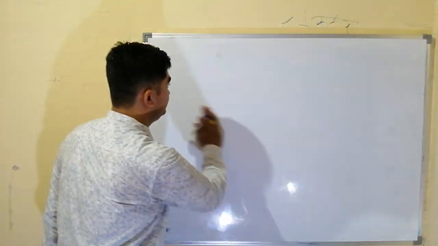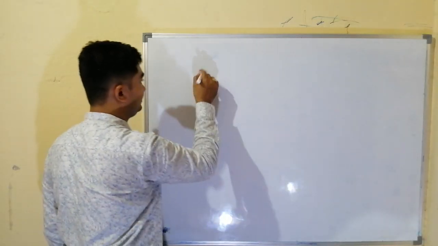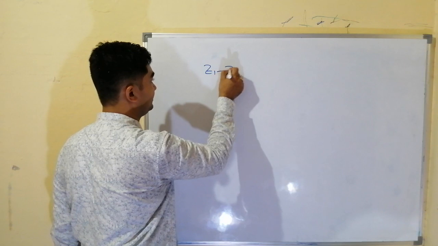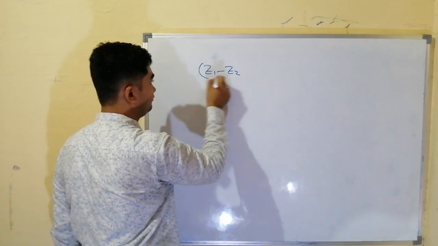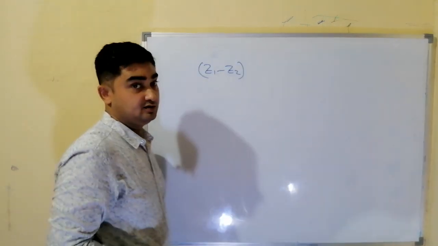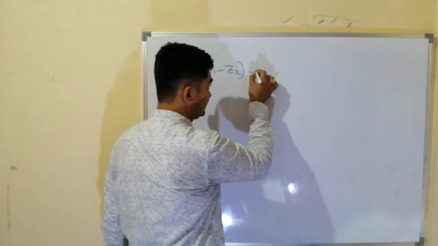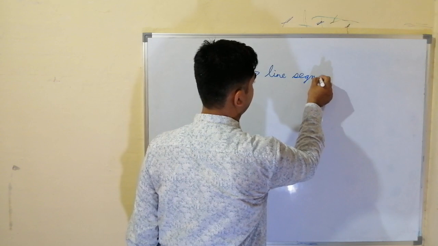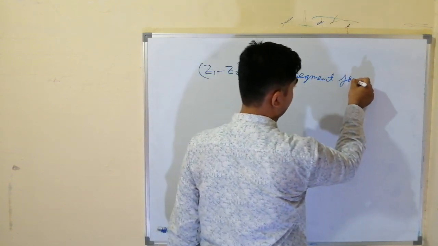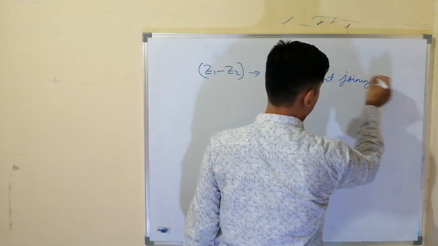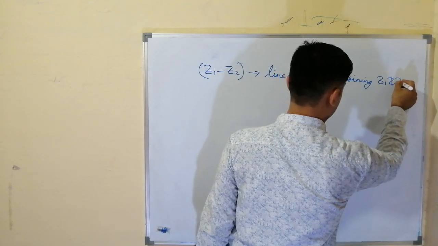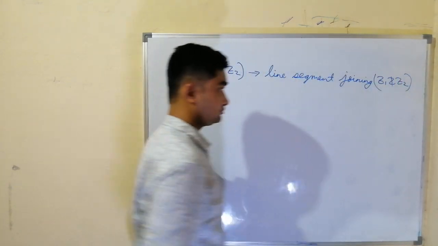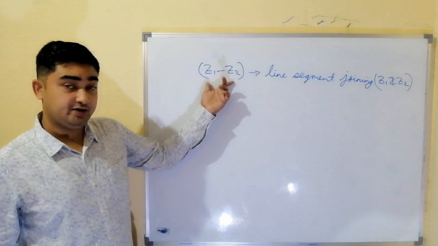Right? Now we will see what is the meaning of z1 minus z2. Z1 minus Z2 is nothing but the line segment joining Z1 and Z2. Z1 is a point, Z2 is a point.